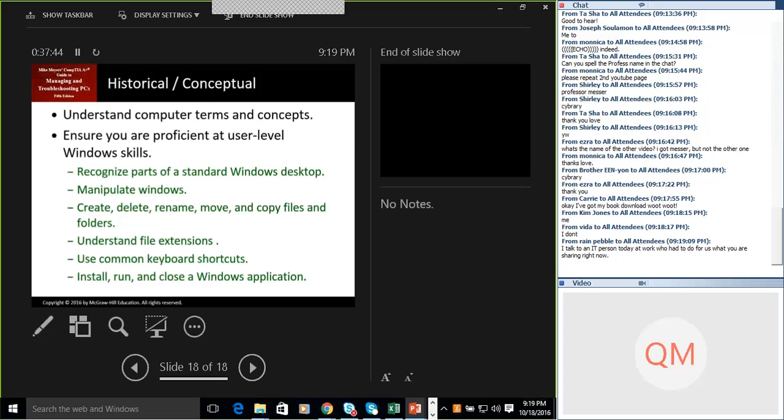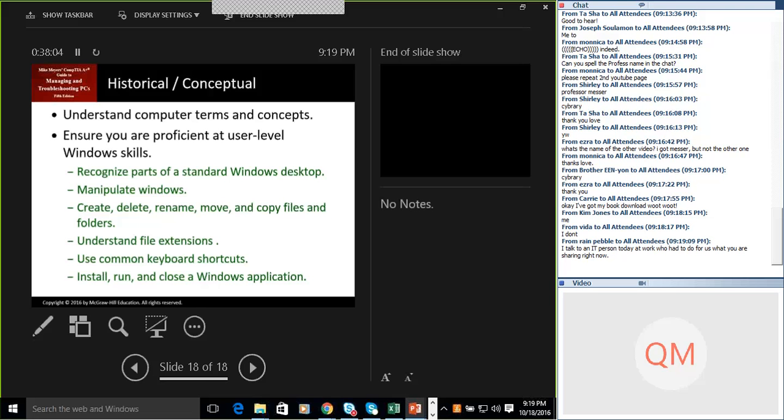But there's a faster way now. You can just hold down the Windows key and press L, which locks the computer. So it gets into a lot of the common keyboard shortcuts.